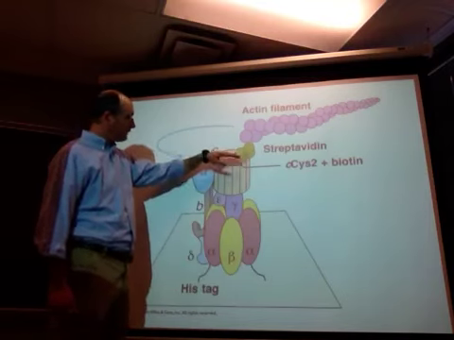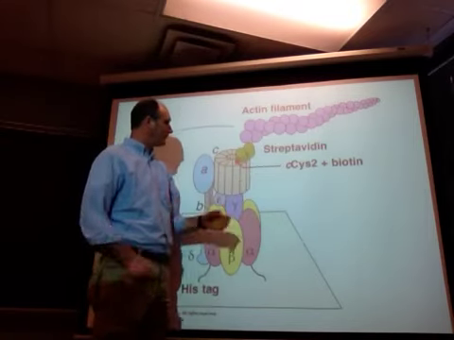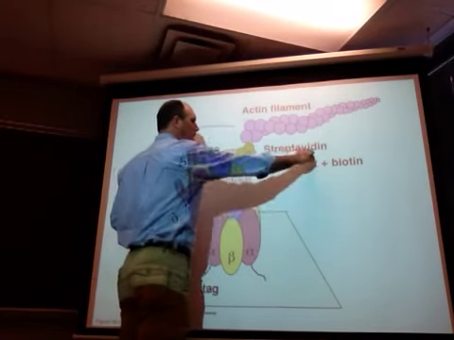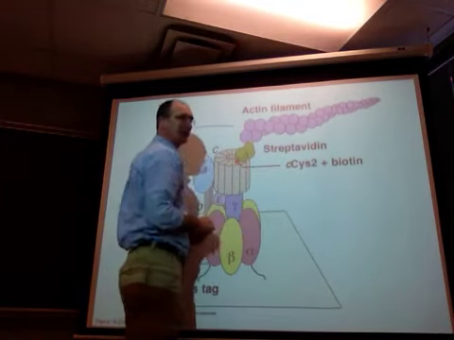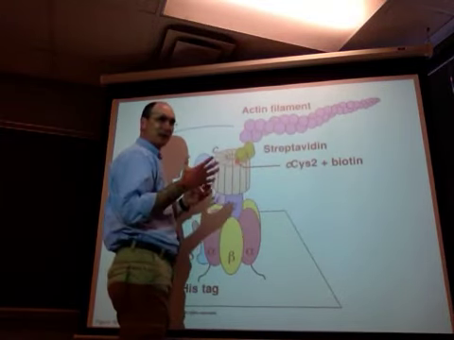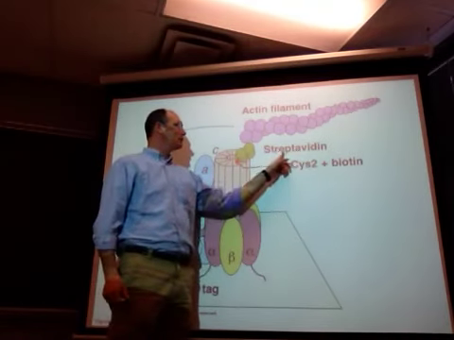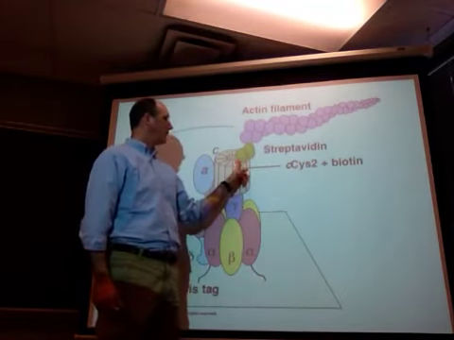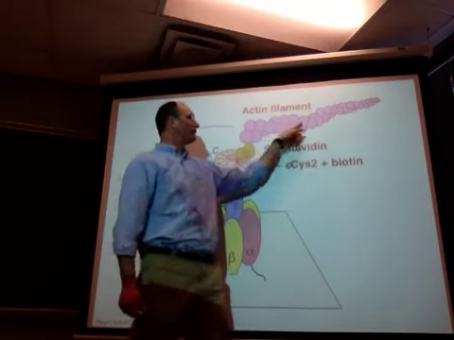Then there's this protein streptavidin, which binds specifically to biotin. It's a biotin scavenging protein. But in this case, they're just using the streptavidin to bind to the biotin. And attached to the streptavidin is an actin filament.